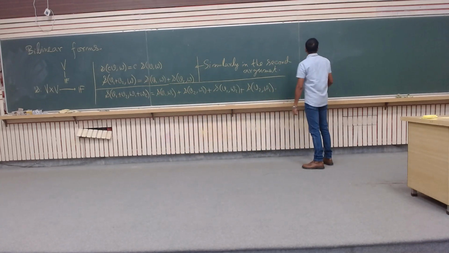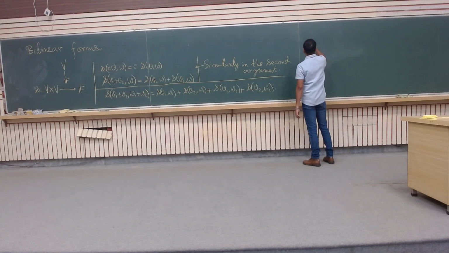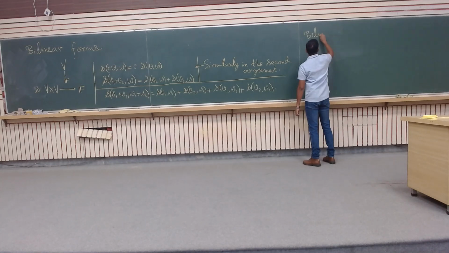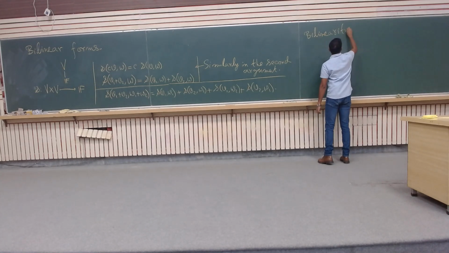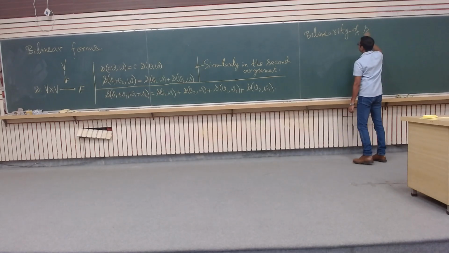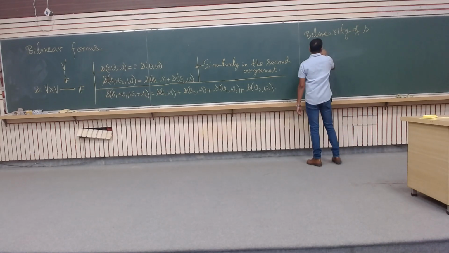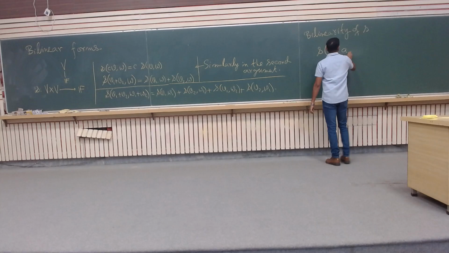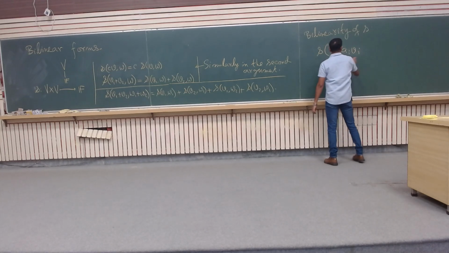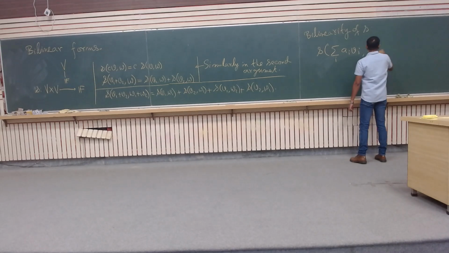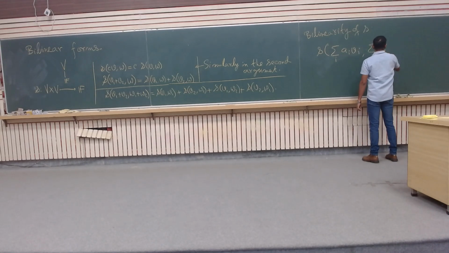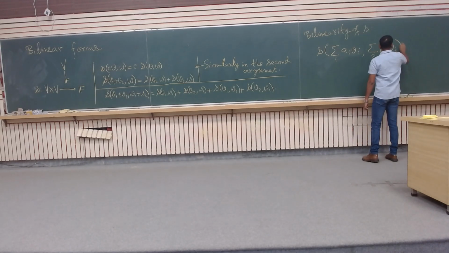More precisely, you can write the property of bilinearity of S as S of summation a_i v_i and summation over j of b_j w_j.